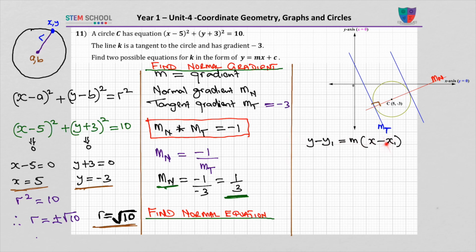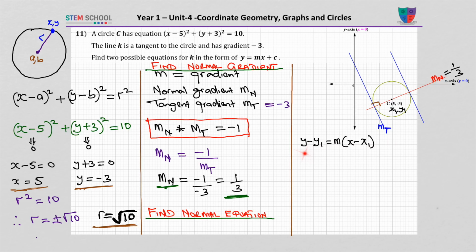This is a very popular equation. I know the gradient of the normal is 1/3, and the coordinate the line passes through is x1 = 5, y1 = −3.